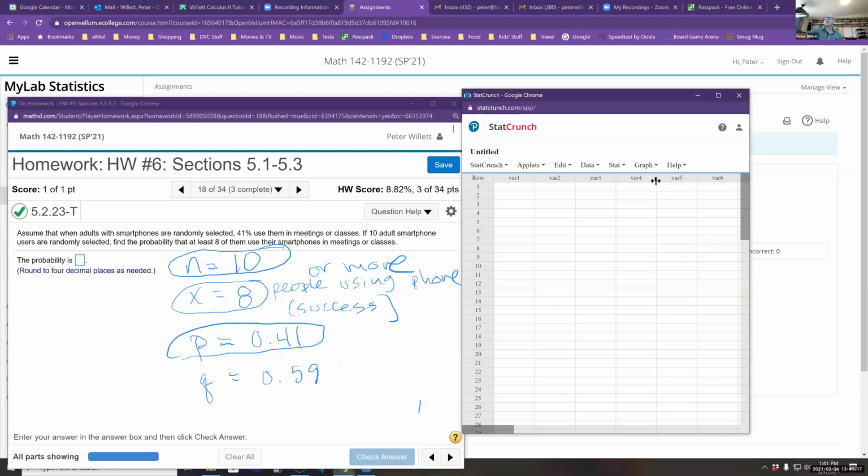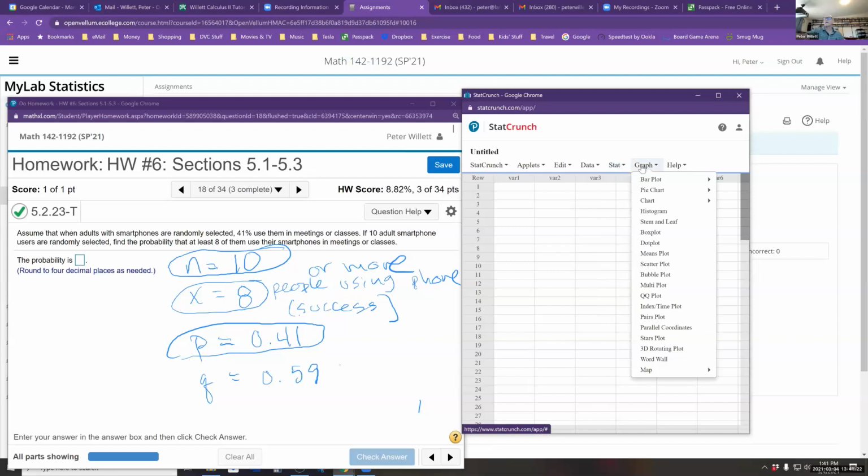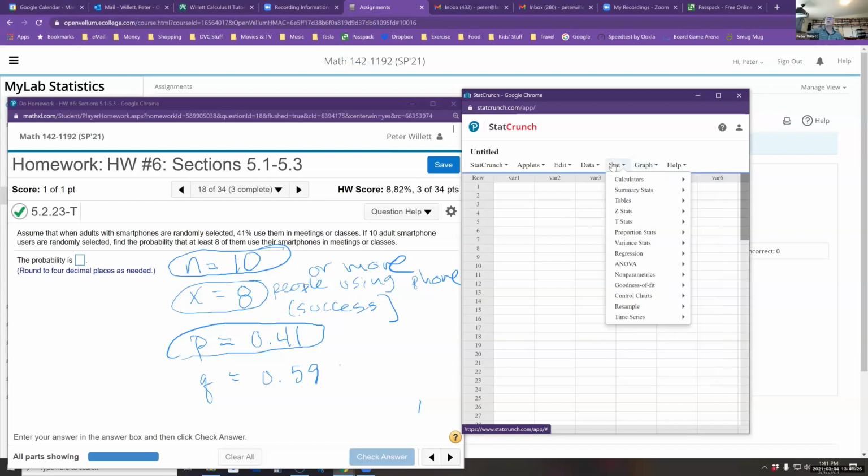So our 2 tabs for StatCrunch use are Stat and Graph. And we want to do a calculation, so we're going to go to Stat and go to Calculators. And as you see here, one of them is binomial.